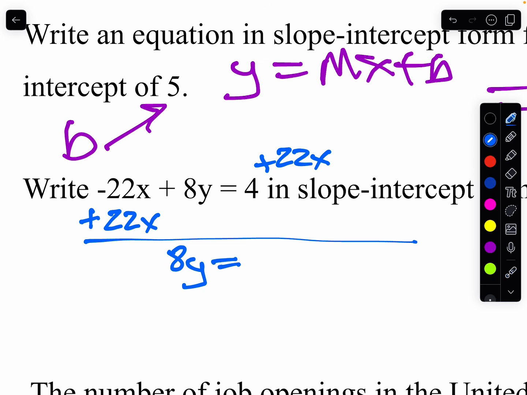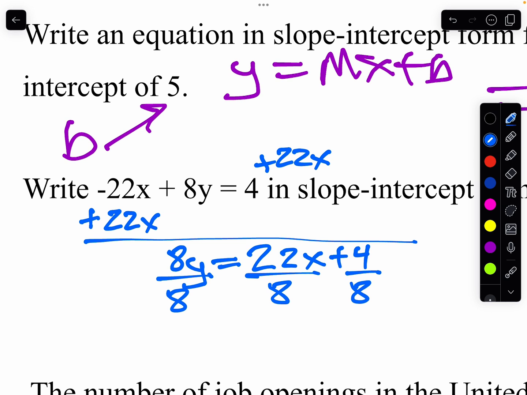Instead of 4 plus 22x, which is not wrong, I'm going to write 22x plus 4. Then I'm going to divide everything by 8. Notice I said everything. Now I want you to write slope is rise over run, so we want to put this as a fraction, not as a decimal.